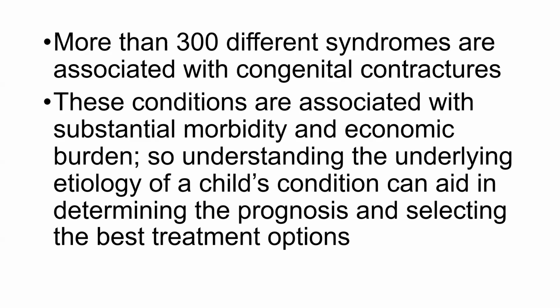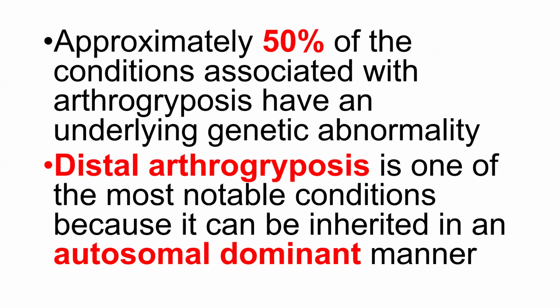Approximately 50% of the conditions associated with arthrogryposis have an underlying genetic abnormality. Distal arthrogryposis is one of the most notable conditions because it can be inherited in an autosomal dominant manner.